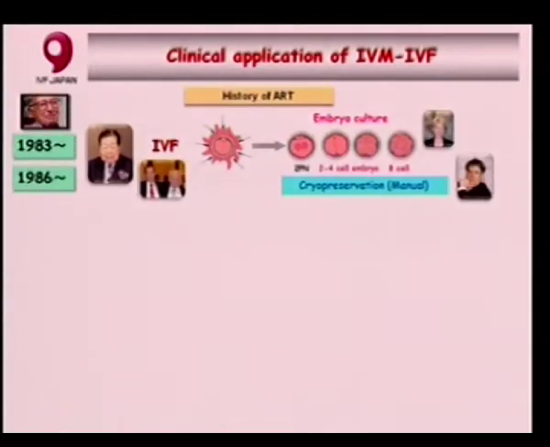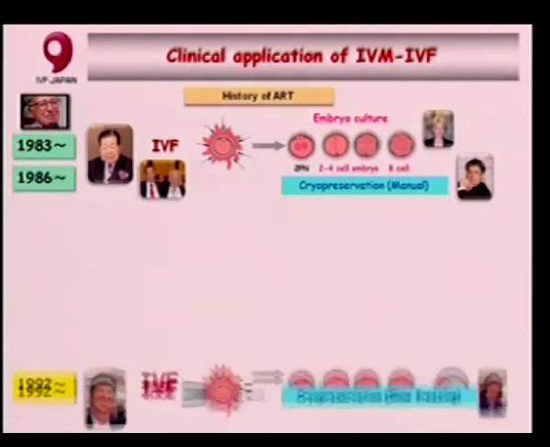So this is the history of ART. First IVF by Dr. Edwards, and this is actually Japanese first IVF in 1983, and then this is Dr. Takahide Mori, my mentor, and he started in 1985.